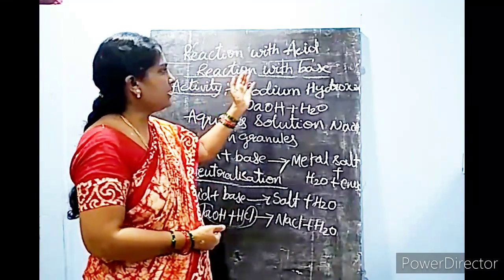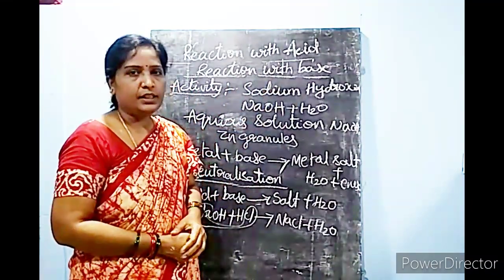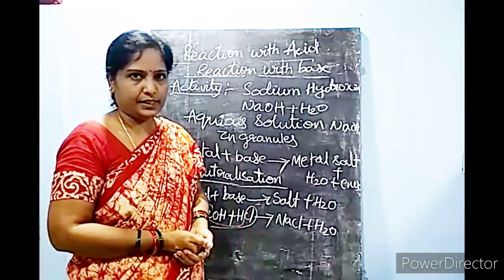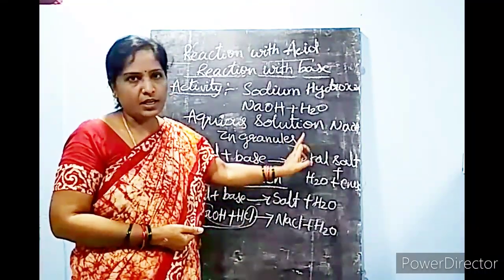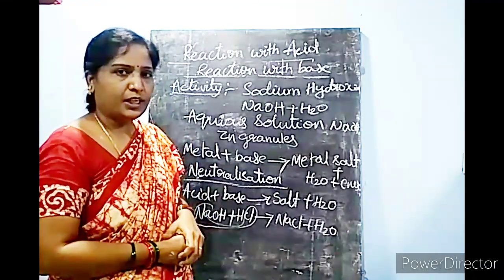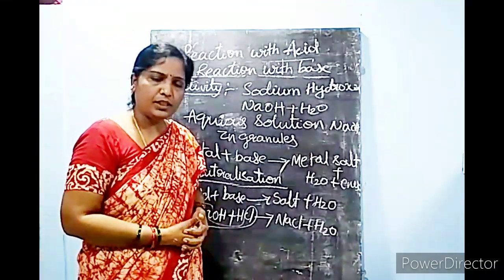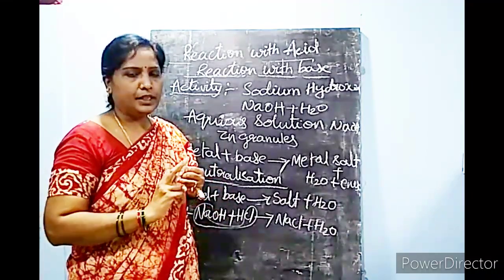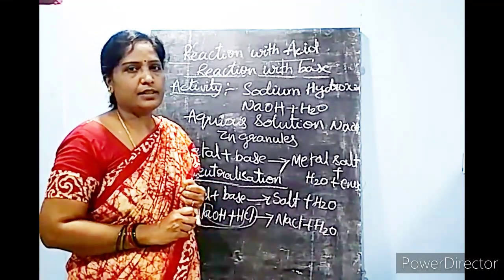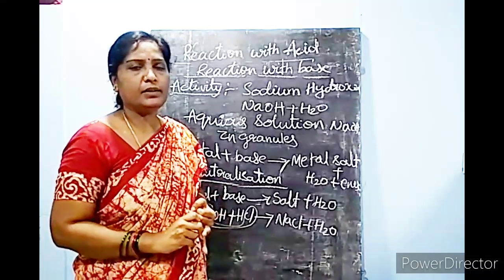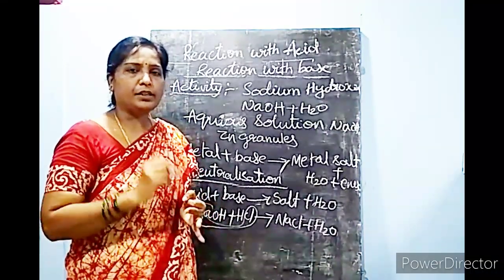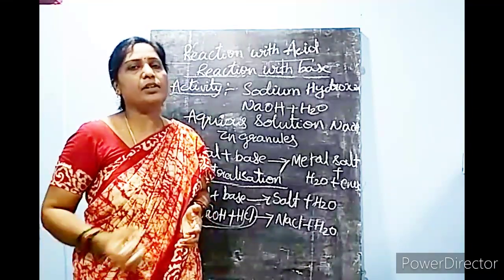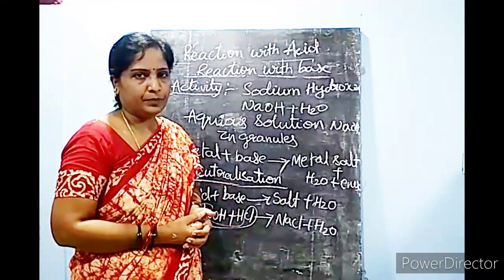And with base, metals can react with the aqueous solution of base and form salts. Understood, children? So in today's class, we learnt how metals react with acids, how non-metals react with acids, how metals react with bases, and the reactivity series.